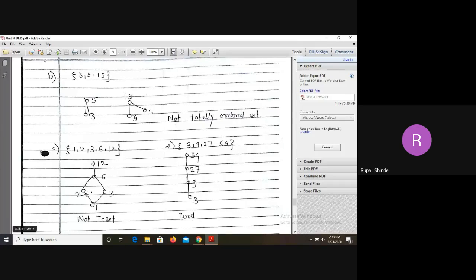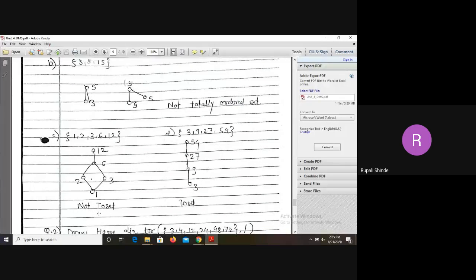That's why these are connected by lines. Now for 6, 2 and 3 are the dividers, and again for 12, 6 divides 12. That's why we can place a direct line between these two elements. Again, this does not form a chain of elements. That's why this is not a toset.